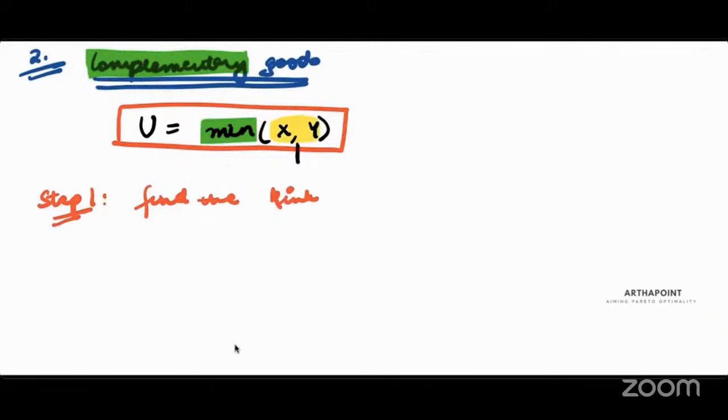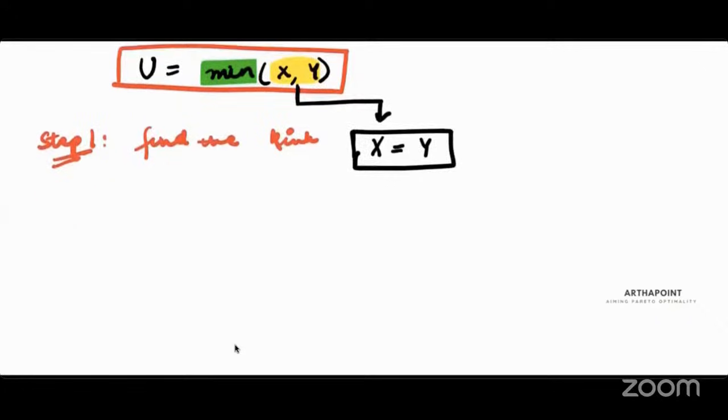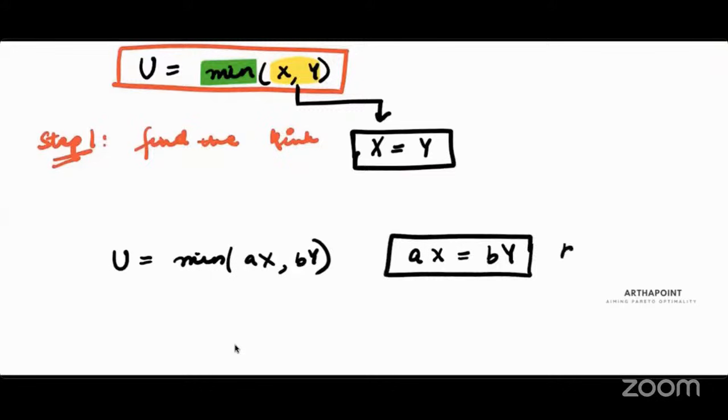For example, here, if I have x and y, I will equate x = y, and that will give me the kink line. Had my utility function been u = min(ax, by), then I would have equated ax = by, and this would have been my kink line. This is how we solve it for complementary goods. Whatever comes inside the min function is supposed to be equated.